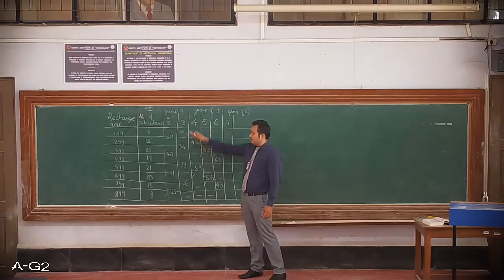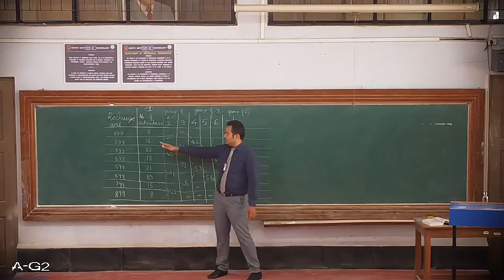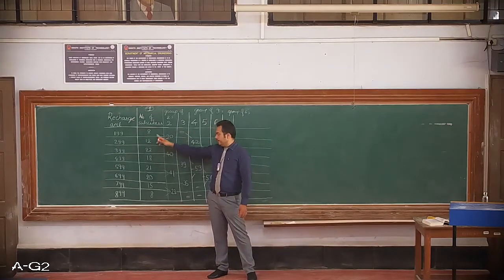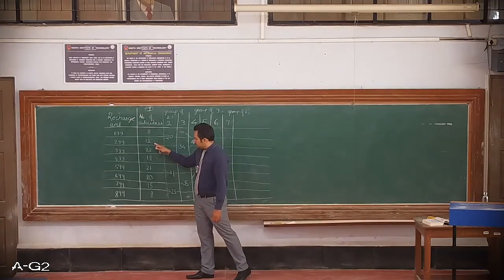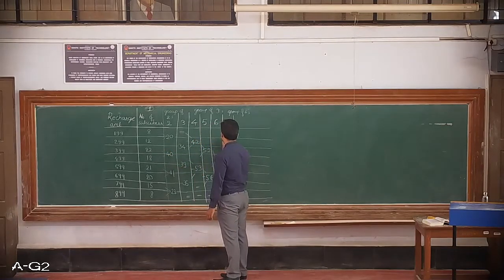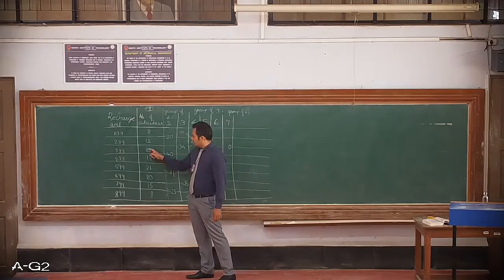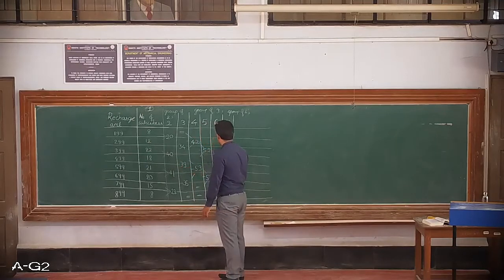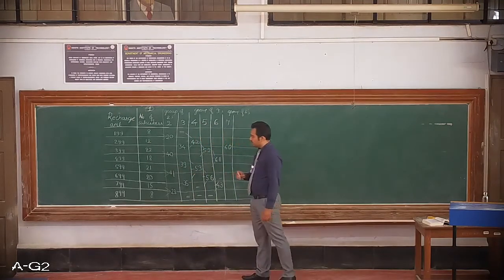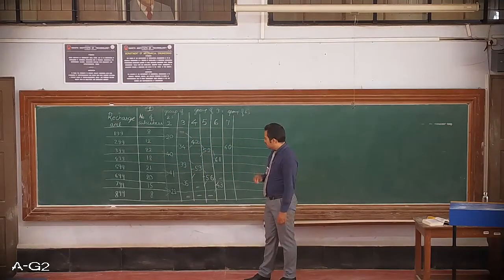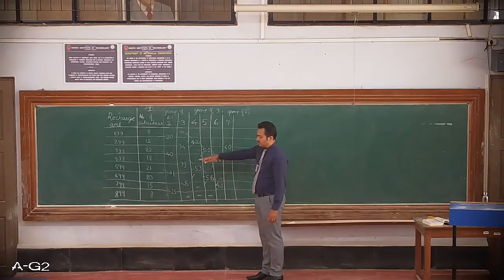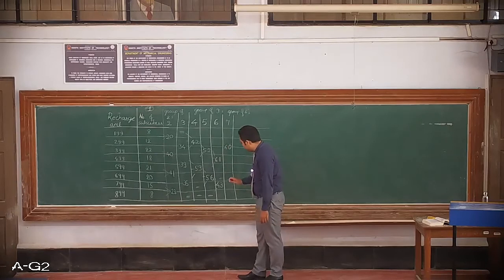So I have to add the first four values, that is 8, 12, 22, 18. So this gives me 60. Then the last four items, that is 21, 20, 15, 8. These four items I need to add.